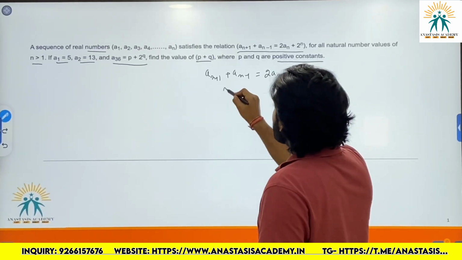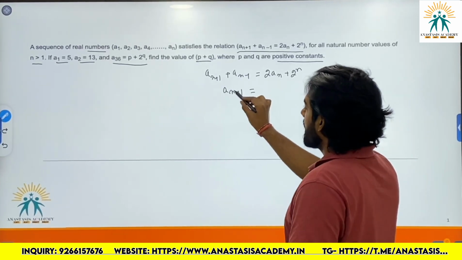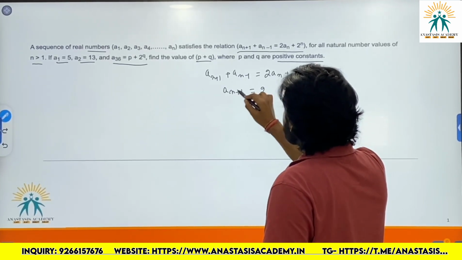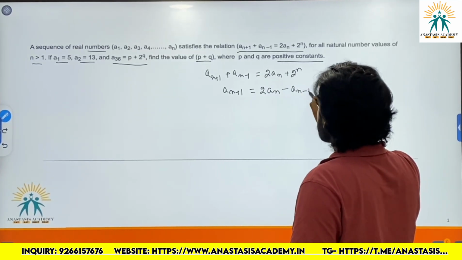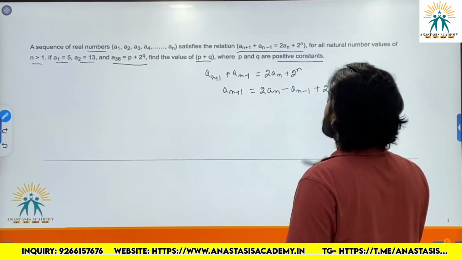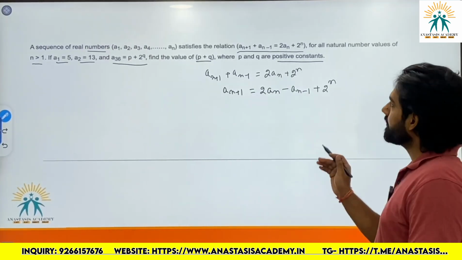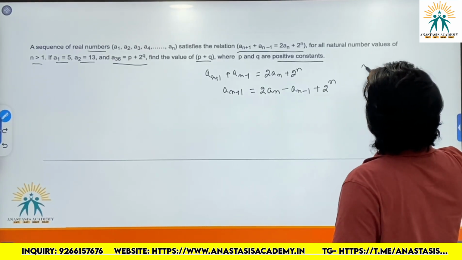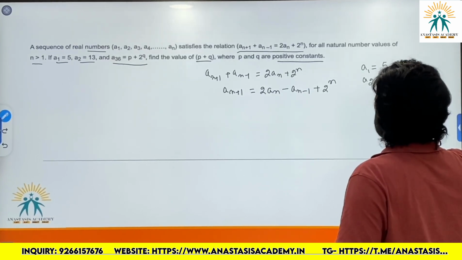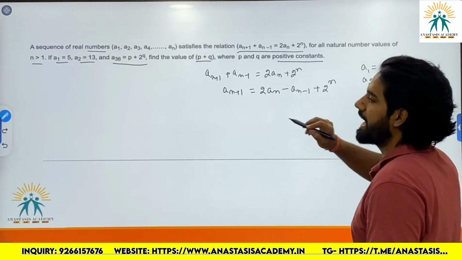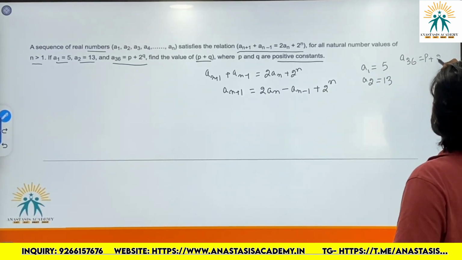If I rewrite this relation, I can write it as a(n+1), the (n+1)th term, is equal to 2 times its previous term, that is an, minus the previous term, that is a(n-1), plus 2^n. The values of a1 and a2 are given as 5 and 13, and I am asked to find a36, which can be represented as p + 2^q.